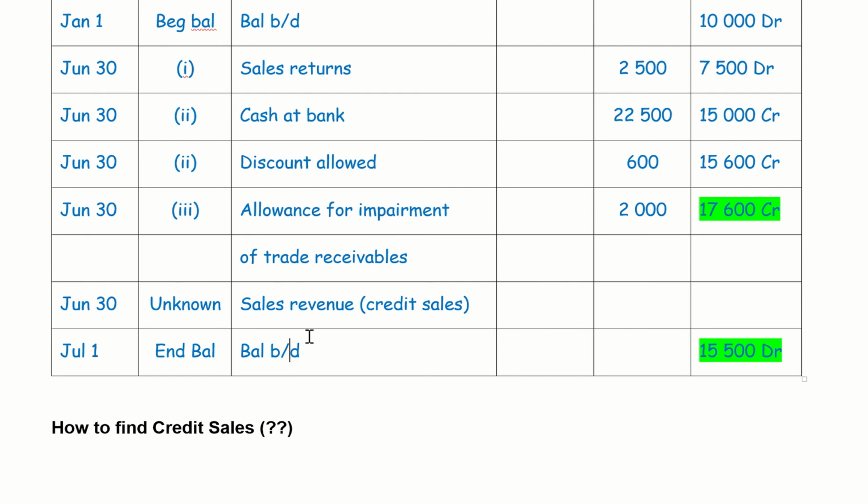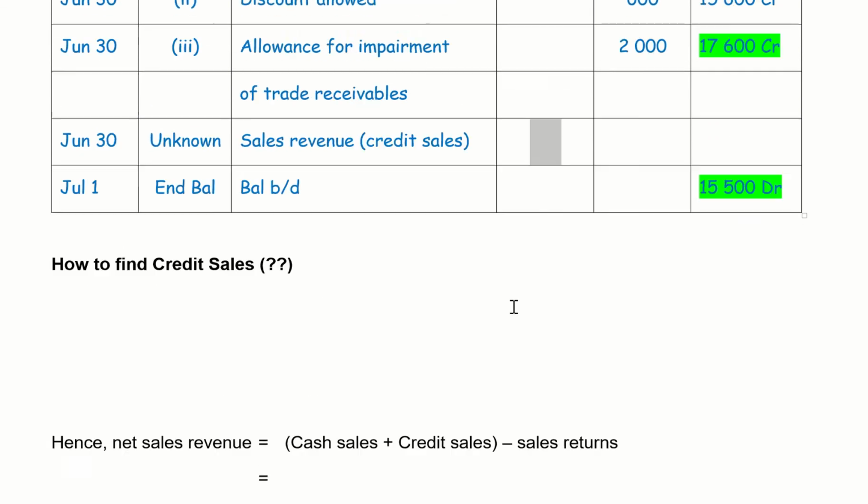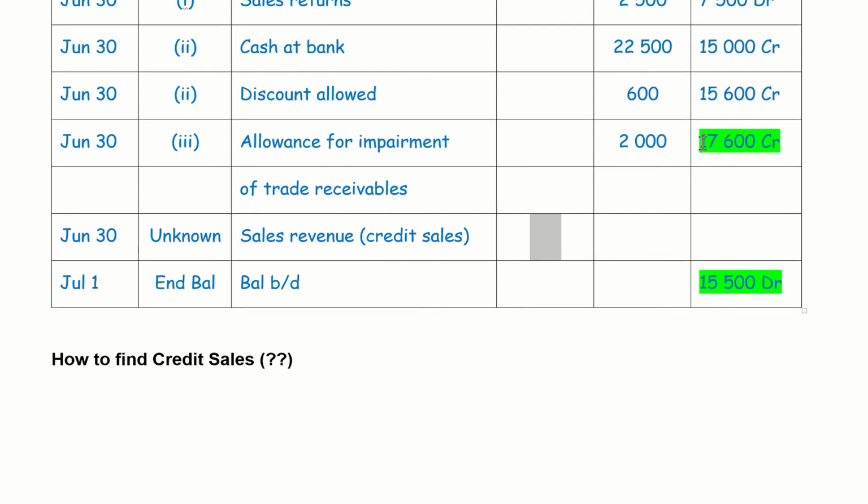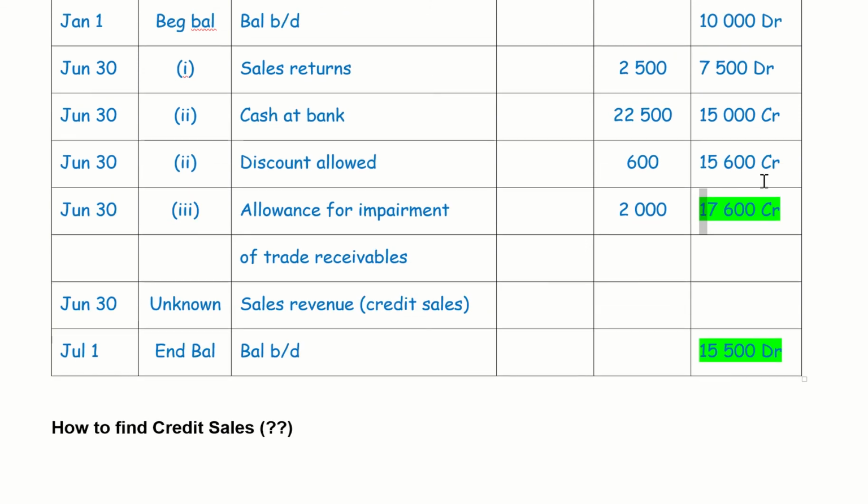Okay, so how do I find this credit sales here? I don't know what this credit sales is. How am I going to find it here? So let's take a look. You see, after recording the first few transactions, your balance is 17,600 credit, right?